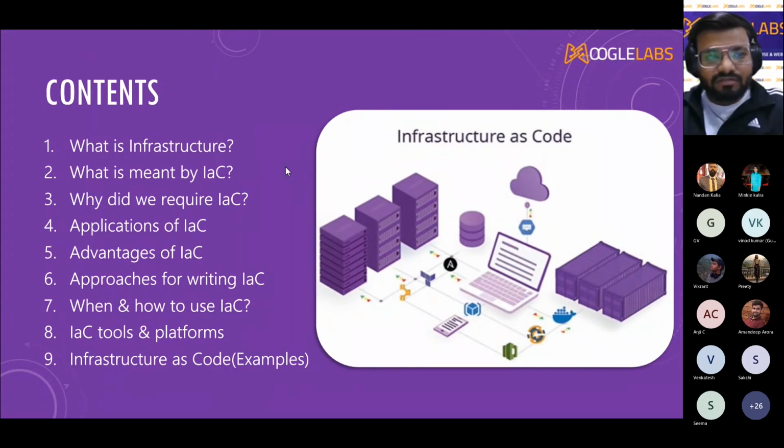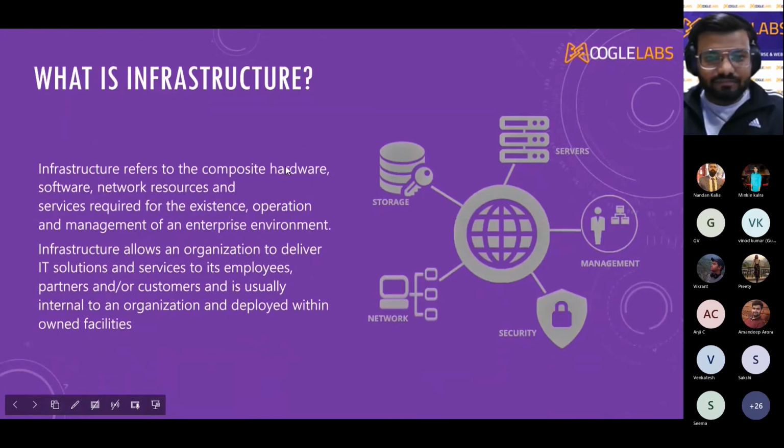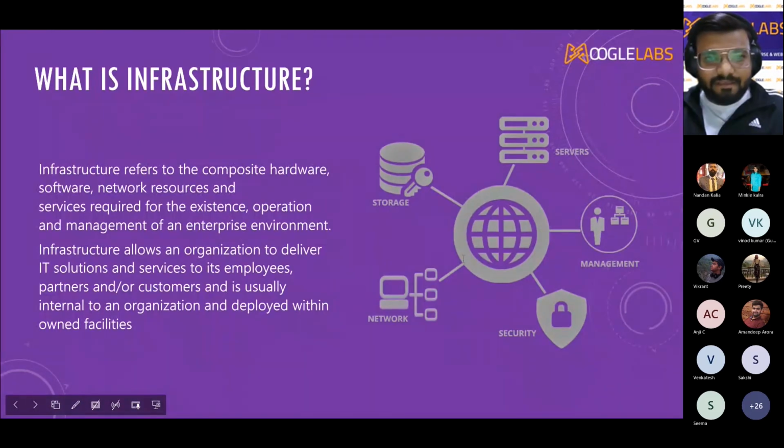So we'll discuss what is infrastructure. Basically, infrastructure refers to the physical and virtual components that support the delivery of technology services. A few examples of infrastructure are computer hardware, software applications, networking equipment, and data storage.